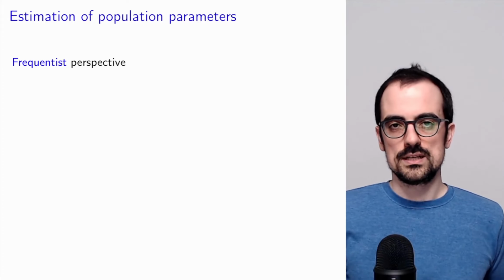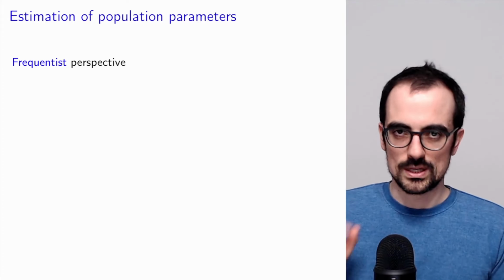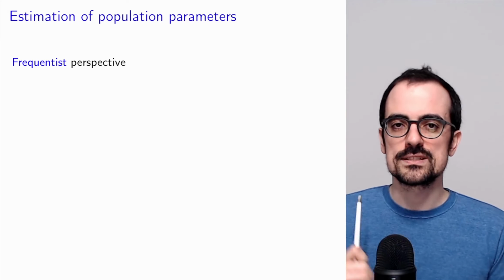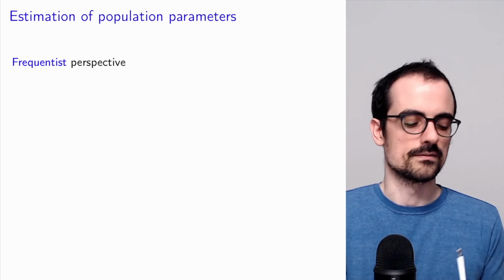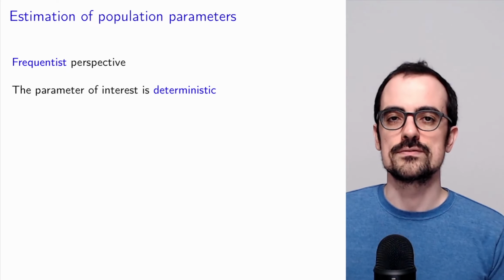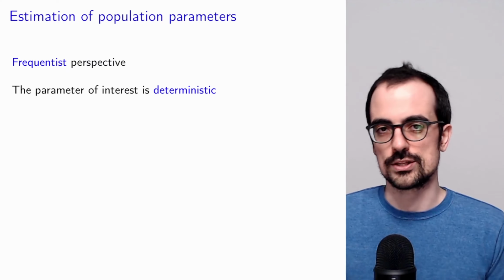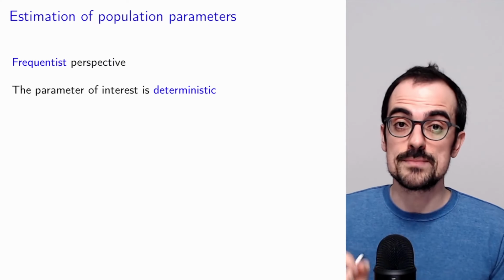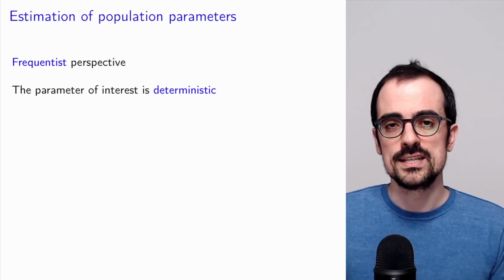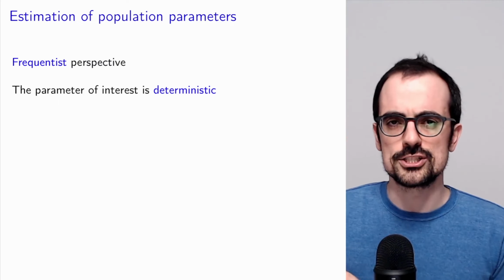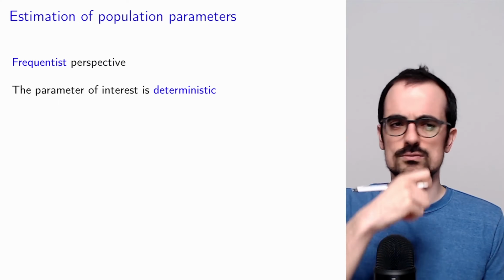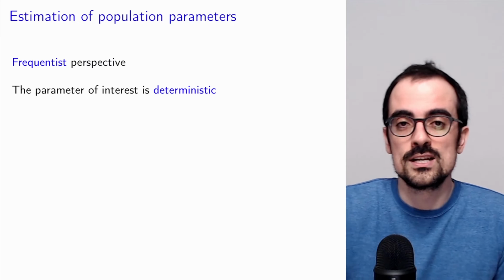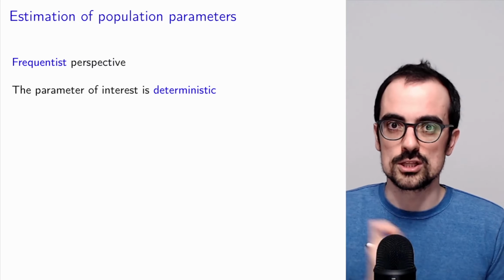Okay, so taking a step back, because we have introduced these random variables and that might be a little bit confusing, I have to emphasize that we're taking a frequentist perspective, in the sense that the parameter of interest, in this case the population mean or the population proportion in our examples, is deterministic. It's a fixed number. In the case of the population mean of the heights, it was 175.5. It's a number. We don't know it, of course, but it's a deterministic number, and that's how we're modeling it.